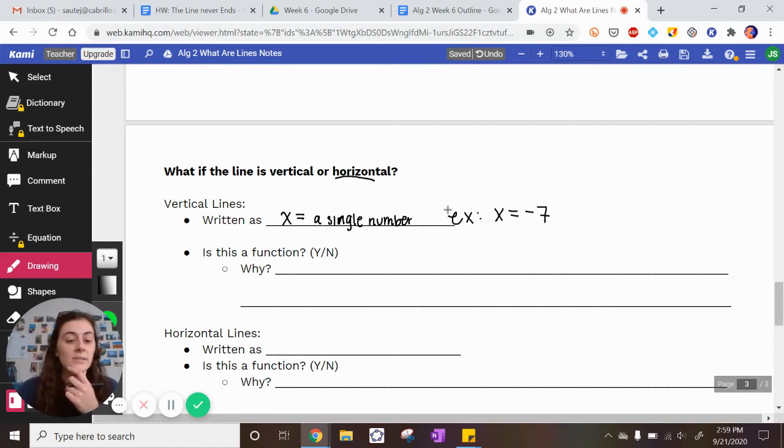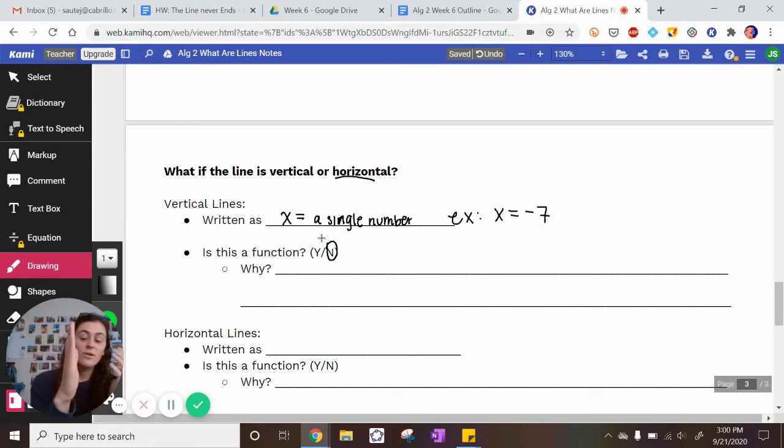And this is where our lines stray from the function realm. So is this a function? This is not a function. The reason is, if you remember when we were talking about functions, we had something called the vertical line test, where if a vertical line hit our graph at 2 or more points, then that graph wasn't a function.